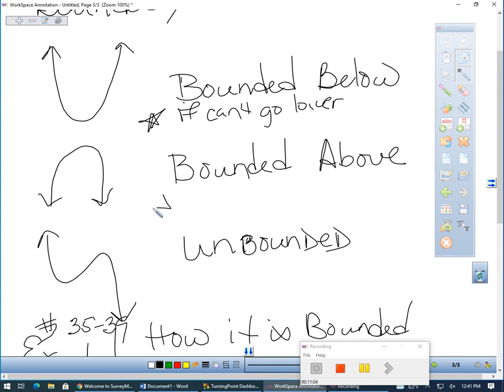And so then this one, if it can't go higher. All right? And if those arrows go forever up and forever down, then it's unbounded. All right? Does that help, Alex? Okay, good. All right.